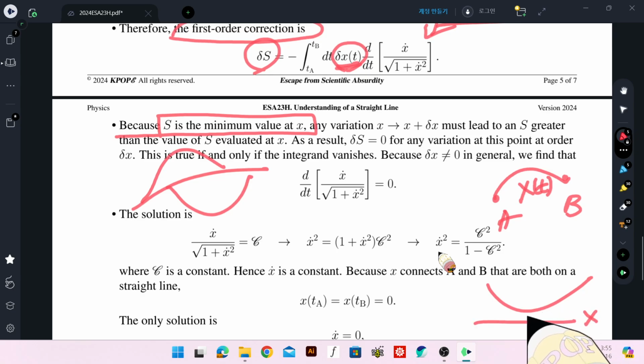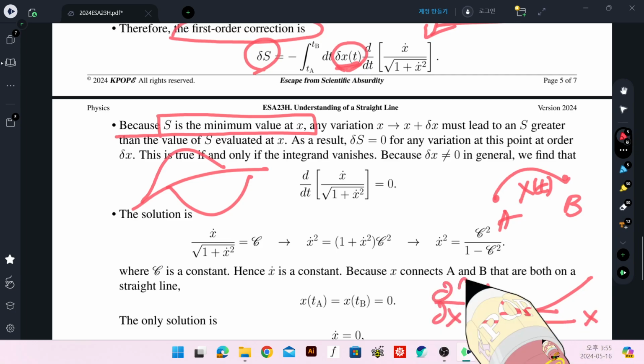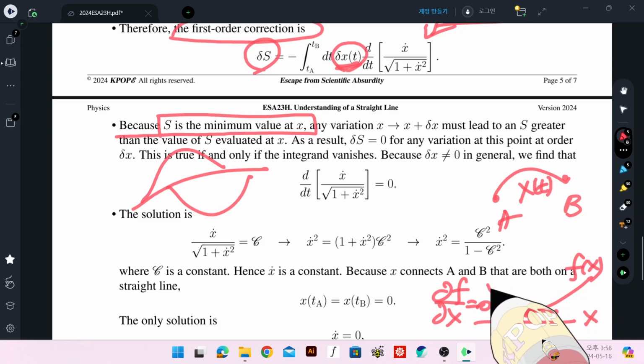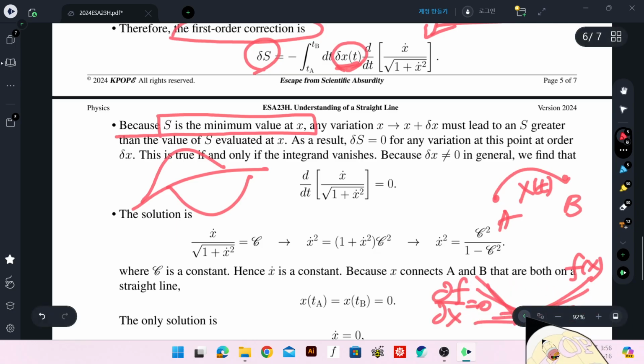This is a function of x, and it becomes the minimum value when the first order derivative of this function is 0. Sure, if it is a minimum, the second order derivative is positive so that the slope increases from negative, reaches 0, and then becomes positive.